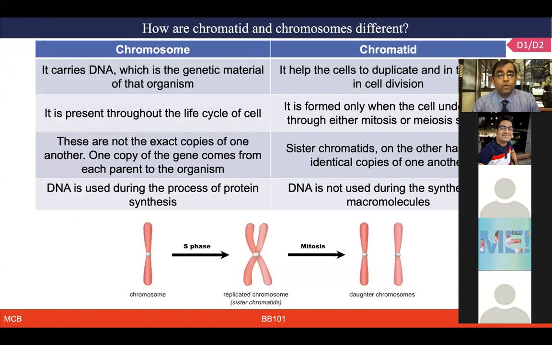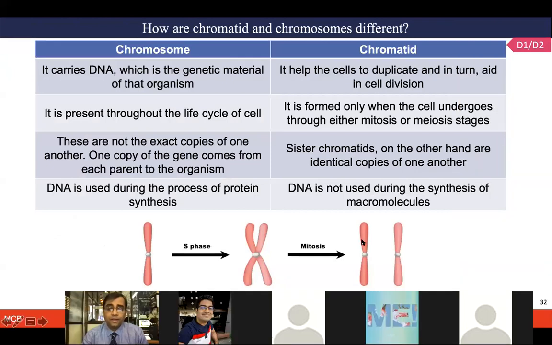A basic question about chromatid and chromosome differences. Of course, we have explained that in different contexts. The chromosome gets duplicated after the S phase, and after mitosis forms these chromatids, which get separated as full chromosomes eventually, right? The chromosome is essentially the carrier of all the genetic material, the DNA, whereas the chromatid helps in the process of duplication.